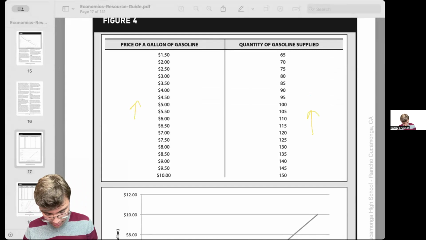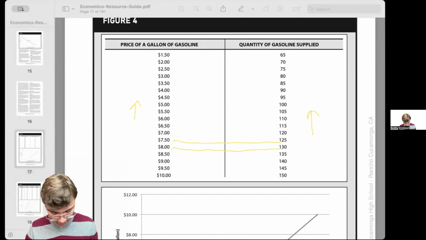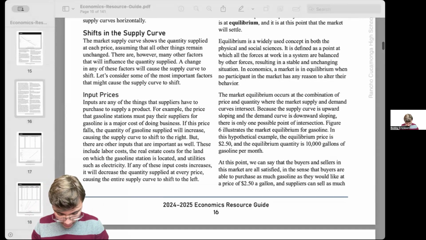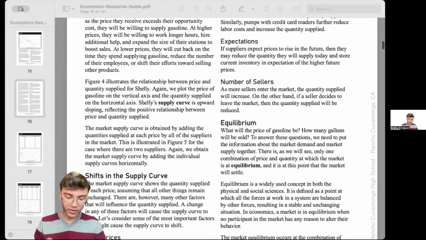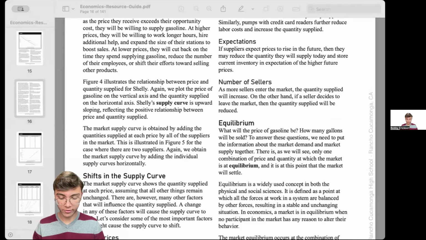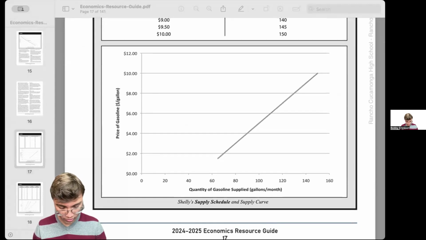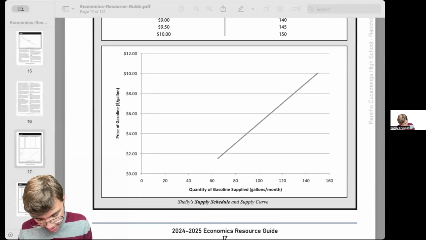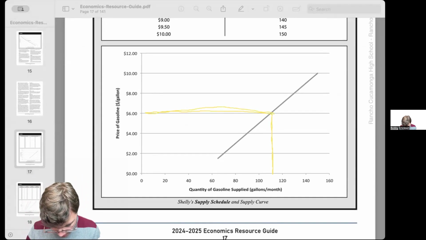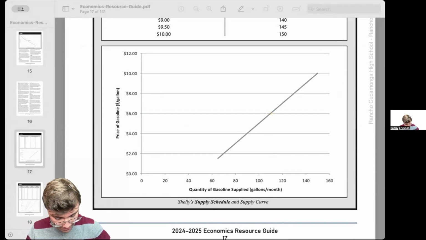So we can see, for example, from $7.50 is 125 to $8 is 130. We can apply this supply schedule to the idea of a supply curve, and how to read this curve is exactly the same as the demand curve. At $6, a person is willing to supply a quantity of 110 gallons per month.